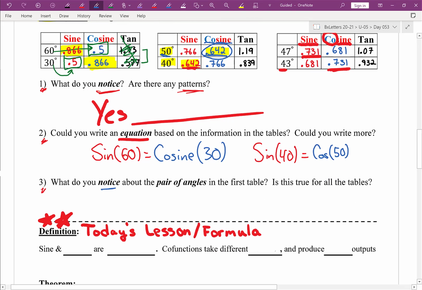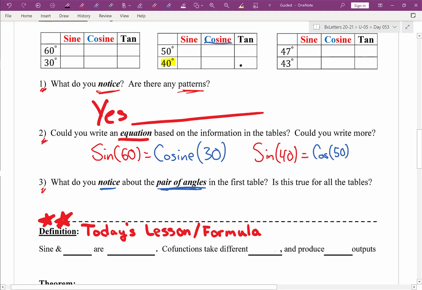But what do we notice about the angles that are paired up? Now I'm just going to erase this stuff because we don't even need it. Let's focus on the good things. What do you notice about these angles? What do they add up to? Well, 60 and 30 is 90. Okay, what do you notice about these angles, 50 and 40? They also add to 90.